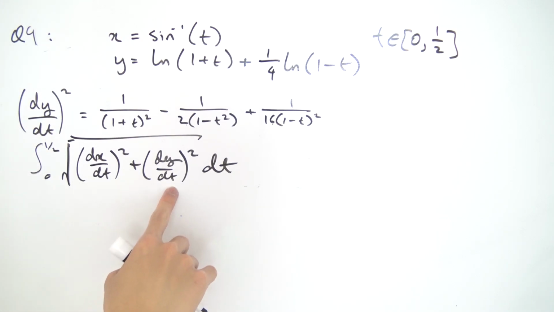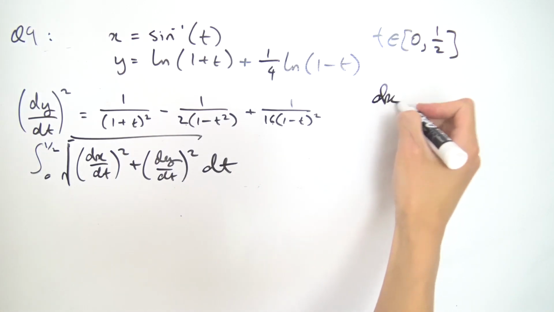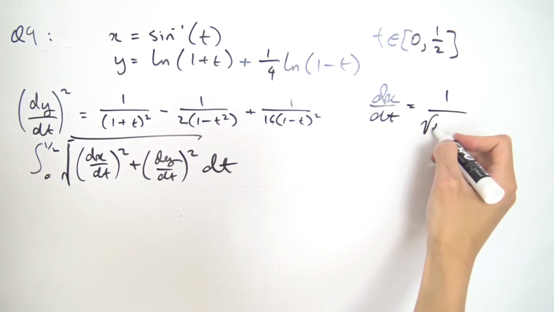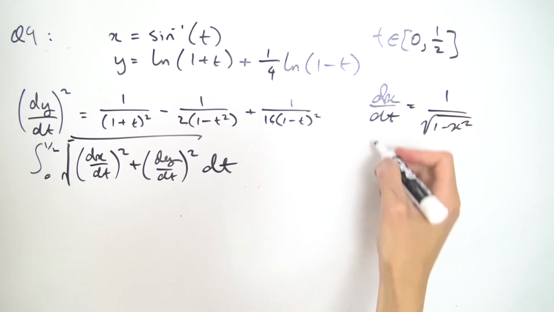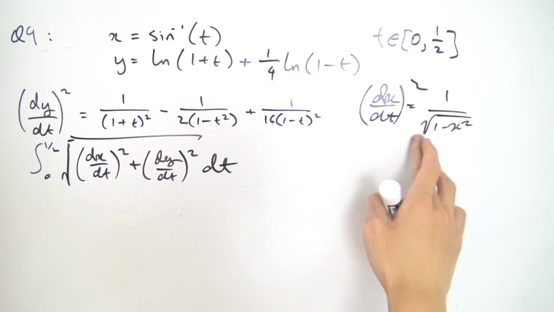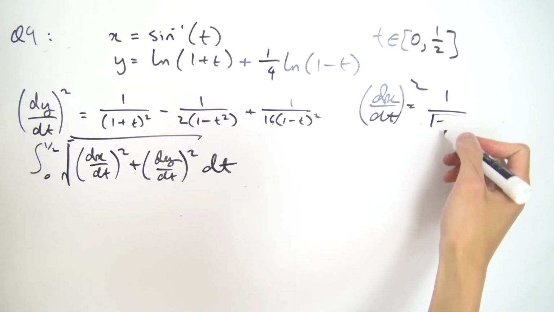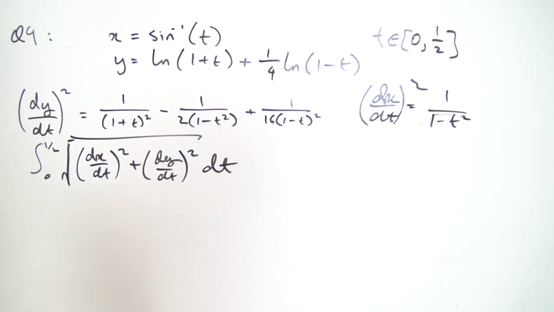So we know what dy/dt squared was, that's why we found it over here. Let's find dx/dt squared. So dx/dt, or derivative of arcsine, is equal to 1 over the square root of 1 minus x squared. And if you square this, then the square root just disappears, so you're left with 1 minus, sorry, that's supposed to be t squared, so 1 minus t squared. So let's sub everything in.